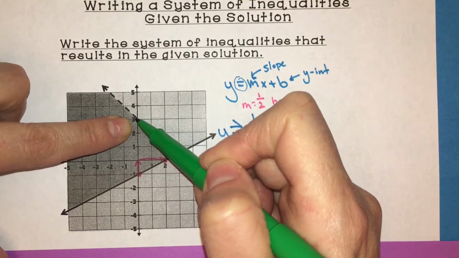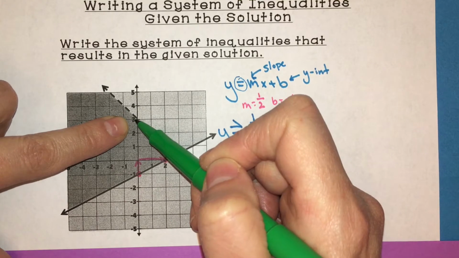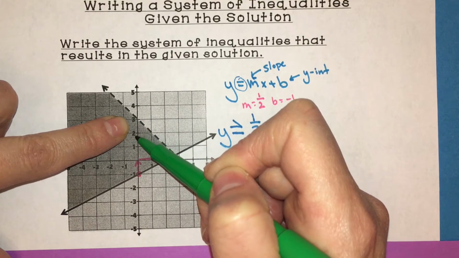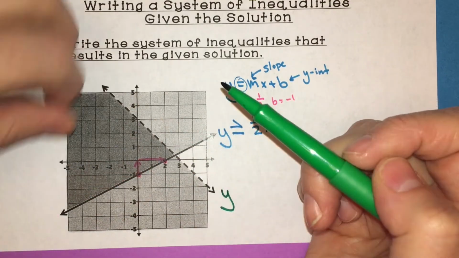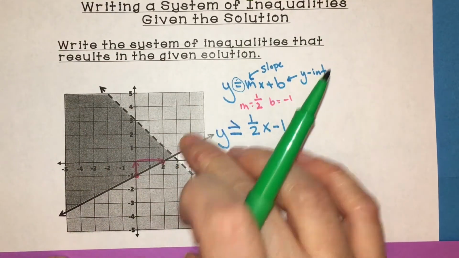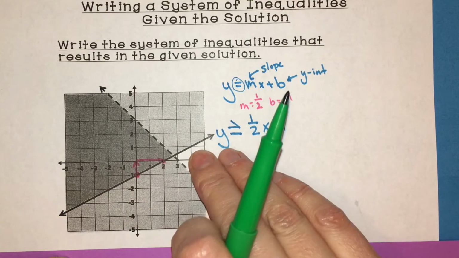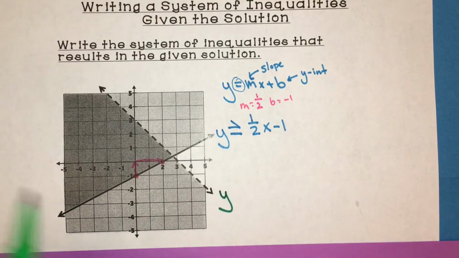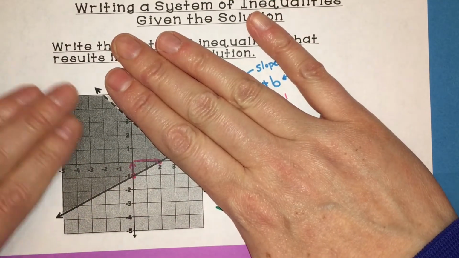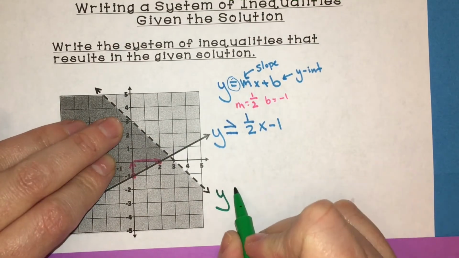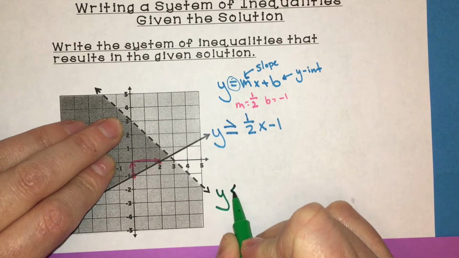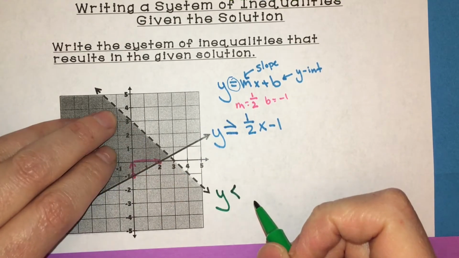And I can see that in the double shaded area, the y values on the y-axis are less than where my line goes through. So this shaded part came from this line that we talked about before. If I'm just looking at this line, everything is shaded below. So that means y is less than, strictly less than, not or equal to because it's dashed.